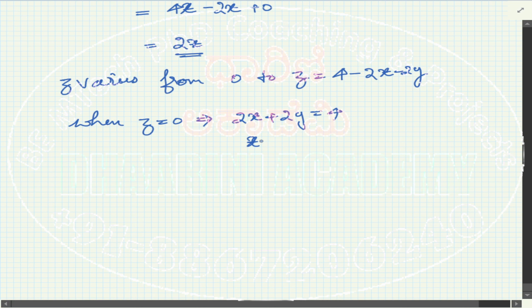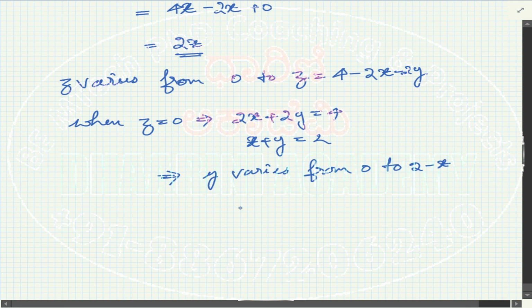This implies x plus y is equal to 2. So what is the range of y? y varies from 0 to 2 minus x, because if you take x to the other side, you get y is equal to 2 minus x.